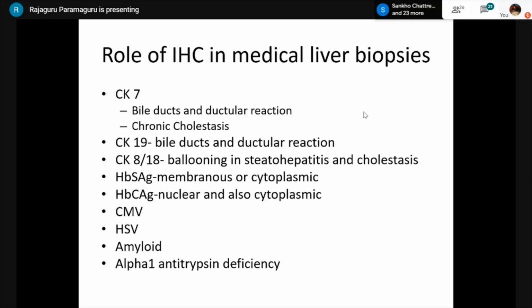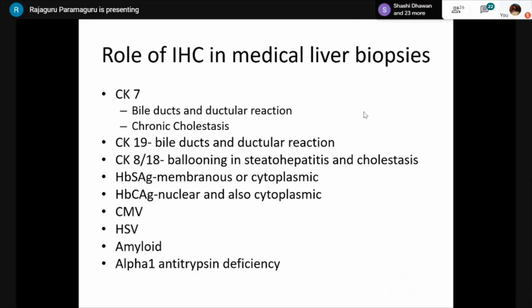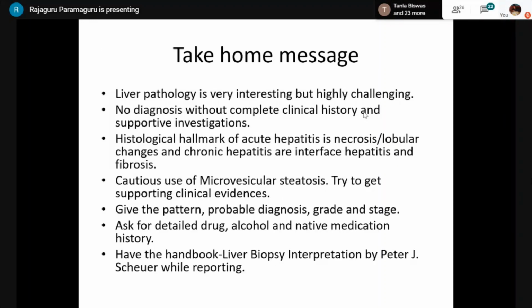So to avoid confusion, you can use CK19 if you suspect a paucity of bile ducts. And CK8/18 in steatosis or steatohepatitis, also in cholestasis, the ballooning cells will show reduction or absence. In hepatitis B, the surface antigen can show membranous and cytoplasmic staining, core antigen will be nuclear and also cytoplasmic. CMV and HSV IHC can be used; for amyloid, we can use IHC, and alpha-1 antitrypsin deficiency can be assessed too.